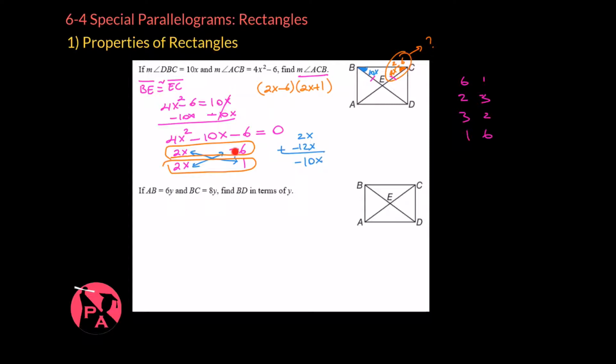Please be careful that you use the same signs with the numbers. This one was a positive number. It is still positive. So instead of this whole equation, 4x squared minus 10x minus 6 equals 0, I have 2x minus 6 times 2x plus 1 equals 0.